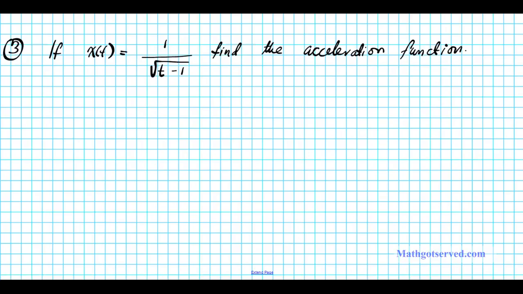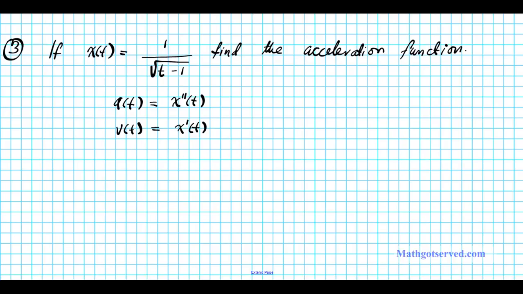So you want to remember the following relationship. You need to recall that the acceleration function a of t is equal to the second derivative of the position function. Okay, and the velocity function v of t is the first derivative of your position function.